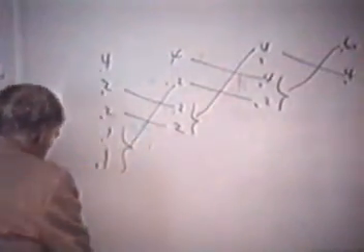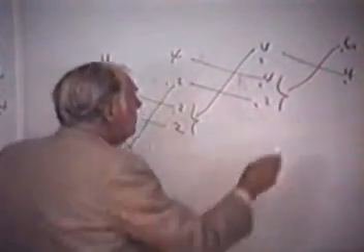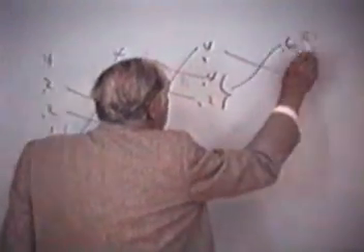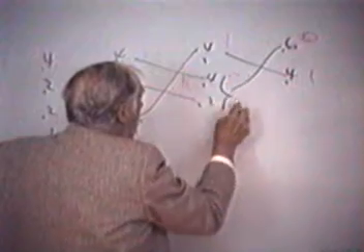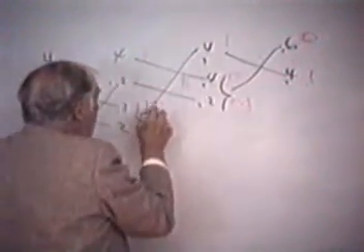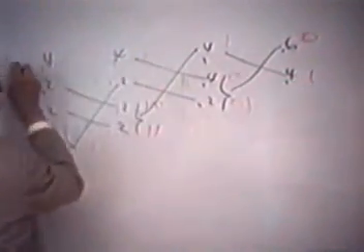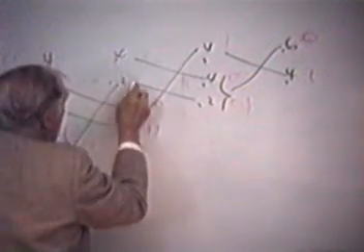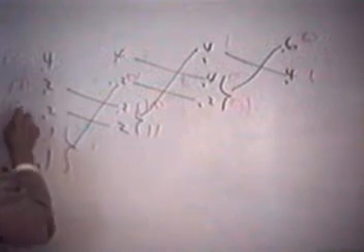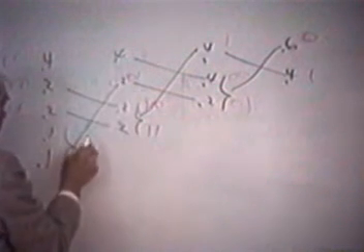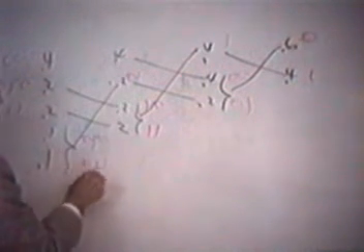What will I come up with? Well, 0, 0, 1, 1, 0, 0, 0, 1. 1, 0, 1, 1, this is 0, 0. This one is 0, 1. This is 1, 0, 1, 1. And this 0, 1 becomes 0, 1, 0, 0, 1, 1.